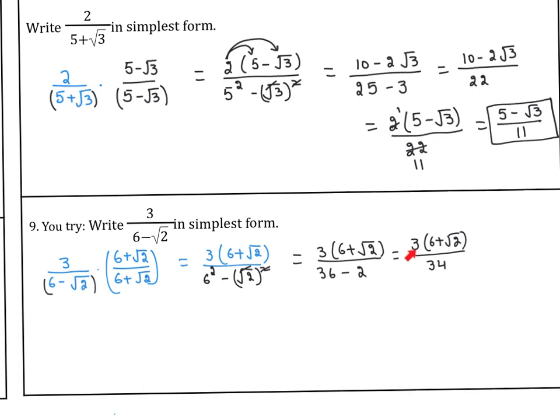I cannot reduce 3 and 34 because they are not in the same times table. So I will distribute the 3 inside, which gives 18 plus 3 square root 2 divided by 34. And that's going to be your final answer. You can see that by doing this step, we remove the radical symbol that we had on the bottom, and we have just a simple number.